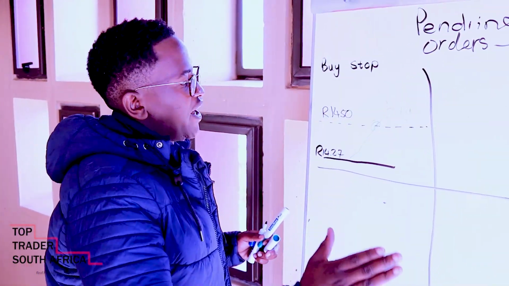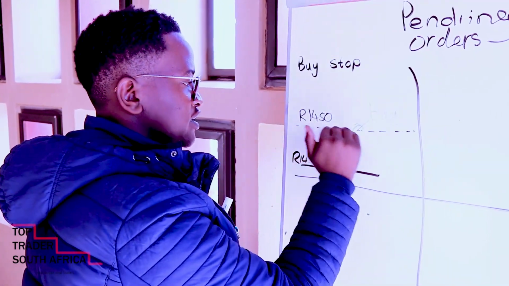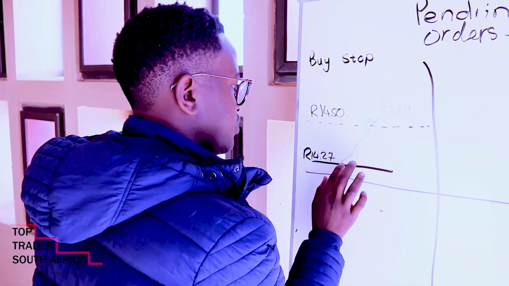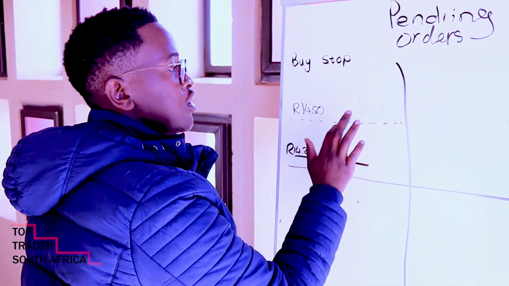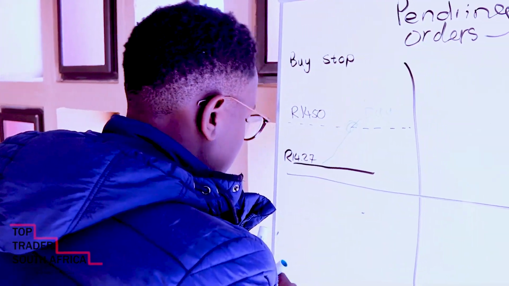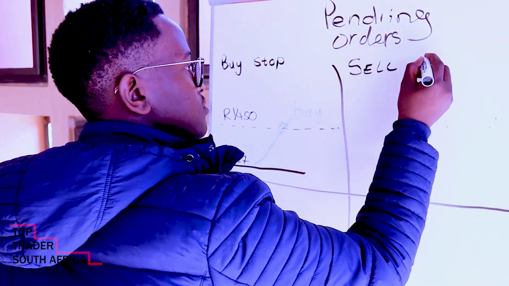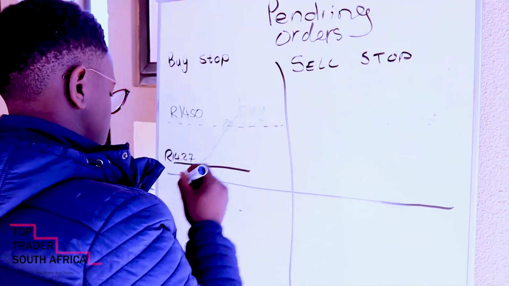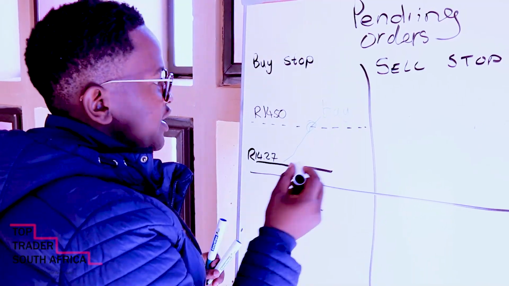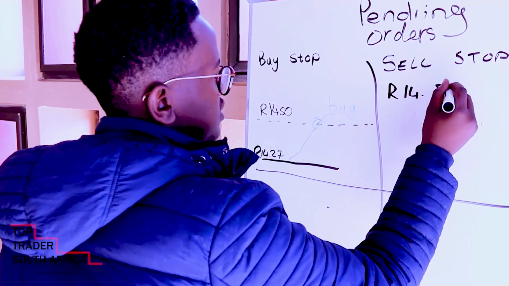Right? So a buy stop is when the price is below your projected price, and you think that if it can get there, it will continue. So price moves below, goes up, gets to your price, automatically opens the trade for you and moves like that. Same as with a sell stop. So basically, you'll be at a price of, let's say, 14.80, right?